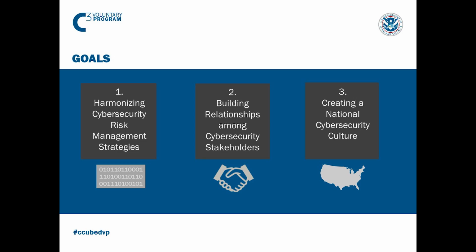So we've established some goals for the program in 2016, and one of the goals is to harmonize cybersecurity risk management strategies. We'll continue to work with our SSAs and partners from all the 16 critical infrastructures to incorporate framework use language into the sector-specific plans.